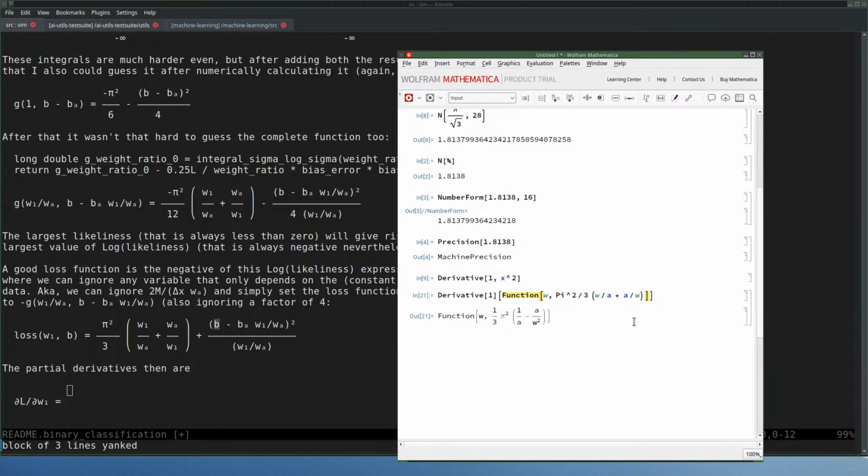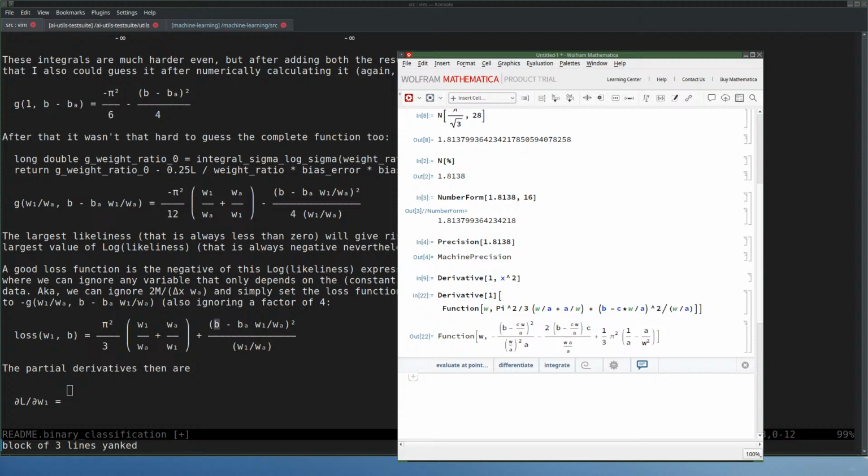And then we have a plus of a B minus, well, BA, let's call that C then, times W divided by A, all squared divided by W divided by A. I had expected a logarithm. Is that a good thing, that there's no logarithm?